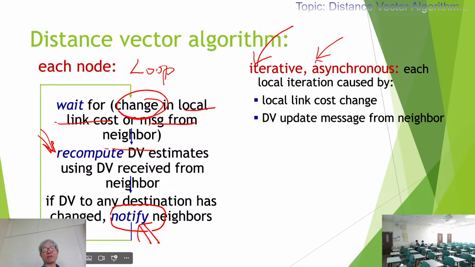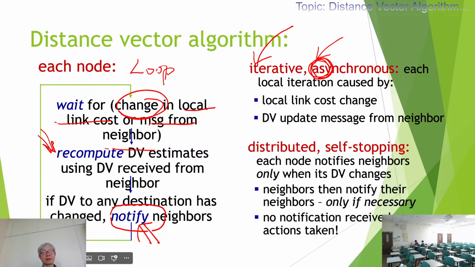So in fact, it should be asynchronous. And we have the iterative, I think you know this one. But later we will assume we have the synchronous manner to have the update. Of course, we expect the operation to be distributed and self-stopping.